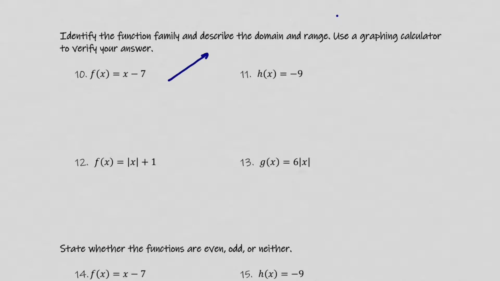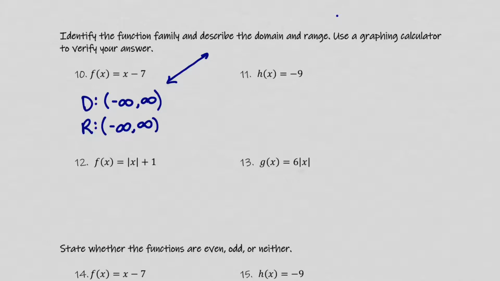I'm not graphing it exactly, but I know linear graphs look like that. So I know my domain is going to go left forever and right forever. So it's all real numbers, negative infinity to infinity. And the range goes down forever and up forever, so it is all real numbers, negative infinity to infinity.